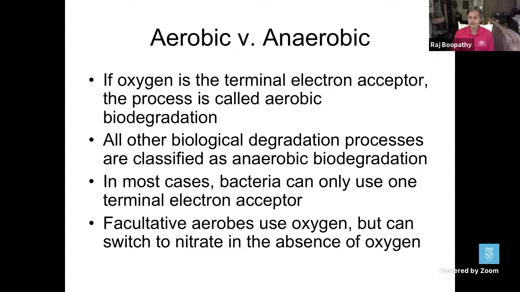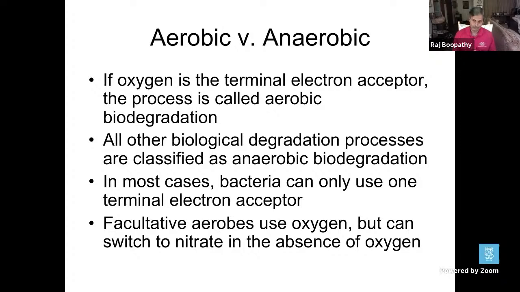So again, you can use both aerobic and anaerobic. If oxygen is the terminal electron acceptor, the process is aerobic; other processes are anaerobic, depending on what electron acceptor is used in the anaerobic process. In most cases, bacteria can only use one terminal electron acceptor. So in nitrate reducing condition, if nitrate is available, they use nitrate.